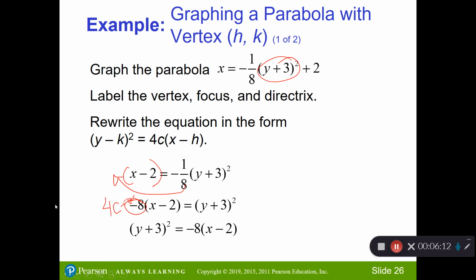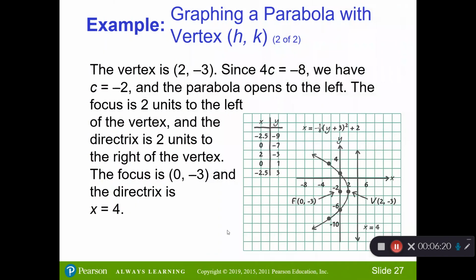Okay, so let's set those pieces equal. So clearly the y-coordinate of my vertex is at a negative 3, and the x-coordinate is at a positive 2. So go to negative 3, down 3, positive 2 on the x, 2 through negative 3 is my vertex. Then the 4c was equal to negative 8, so divide by 4, we get c is a negative 2.